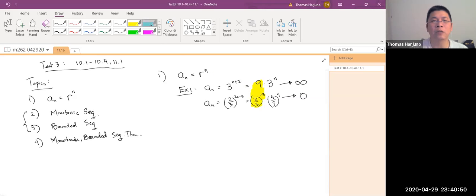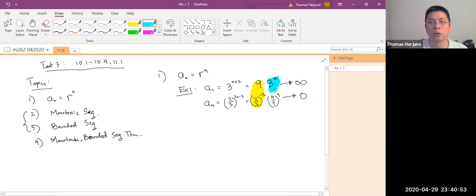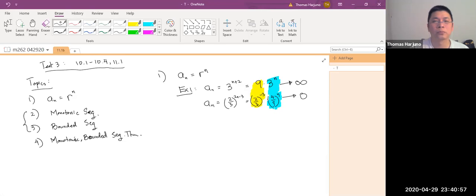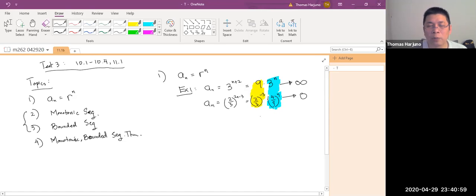Because of something we learned long time ago with exponential function. When we have exponential function, you will have a coefficient times some base to the x, right? Let's call it this way, f(x) equals c times b to the x.